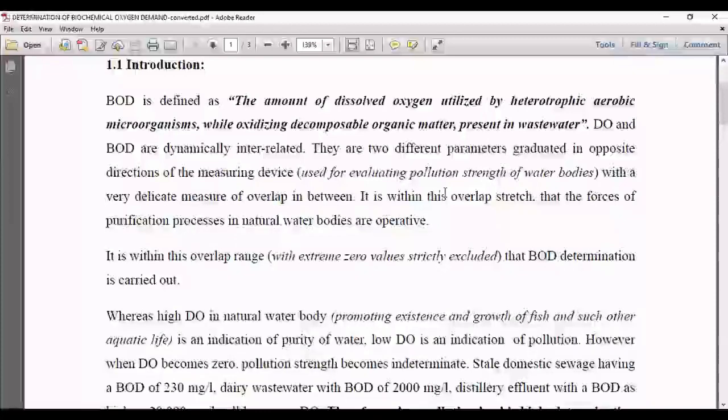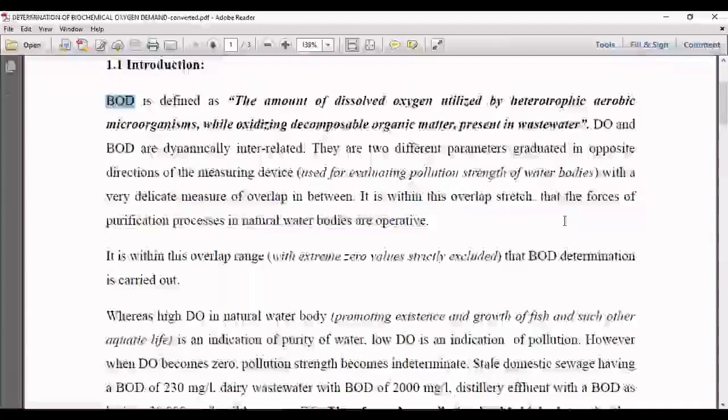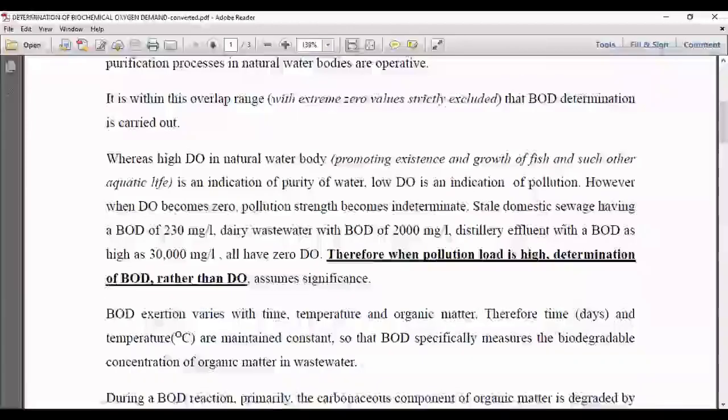But if I have to find out the pollution strength, how much polluted that water body is, there is definitely this parameter, that is BOD, which is commonly used, right? Whereas high DO in a natural water body, promoting existence and growth of fish and such other aquatic life, is an indication of the purity of water, and low DO is an indication of pollution.